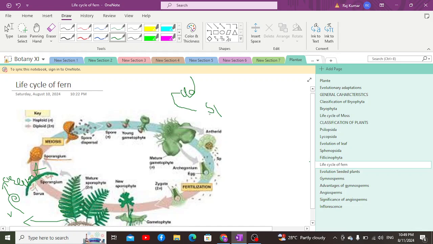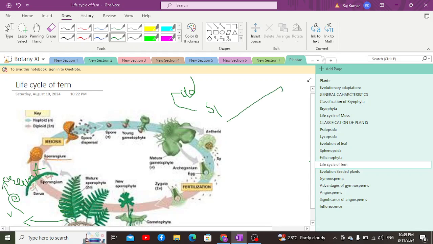Alright, so in the sporophytic generation, we have already discussed that they have adventitious roots, apart from which they have fronds and sori, and these have rachis as well.